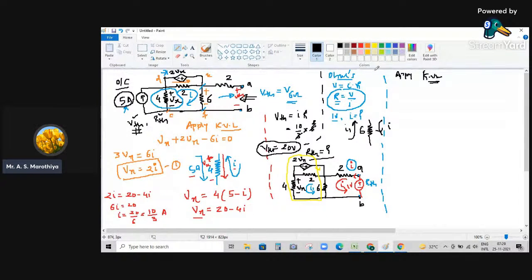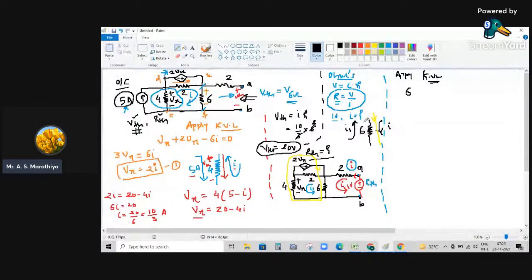Now I'm reading this element in this particular direction. So I can write here 6. Suppose I'm writing this equation with respect to this polarity, assuming that I is more than I1.